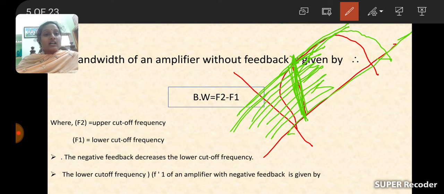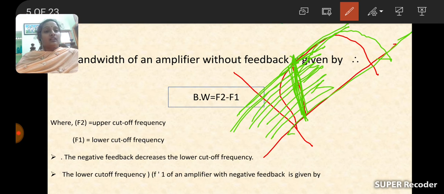Why? Because of instability: the parameters of the transistor depend upon temperature. If the temperature increases, the leakage currents also increase, and when the leakage currents increase, self-destruction of the transistor occurs. Self-destruction means thermal runaway.